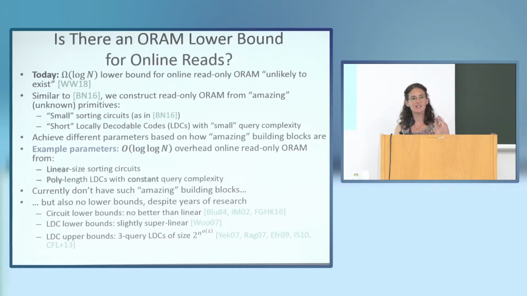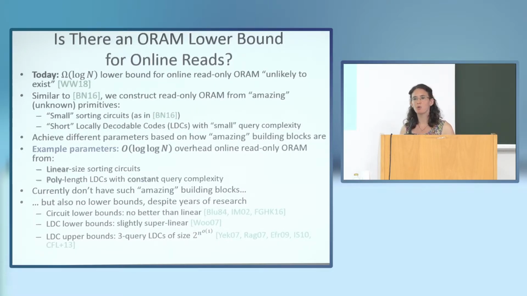Okay, so what do we know about LDCs? They have been studied in a really narrow type of parameter regime, and we can make do with a much wider range of parameters. Specifically, in the coding theory community, they've been looking at binary locally decodable codes and really, really small query complexity, so constant query complexity. We can make do with a polynomial size alphabet. It doesn't have to be binary.